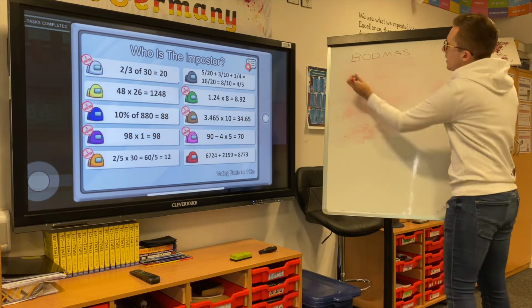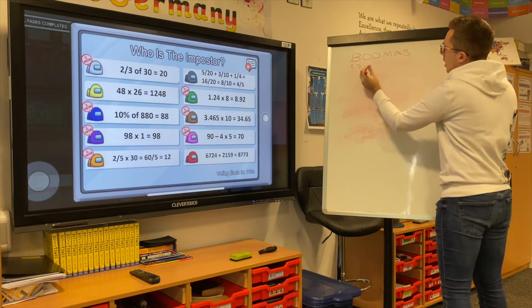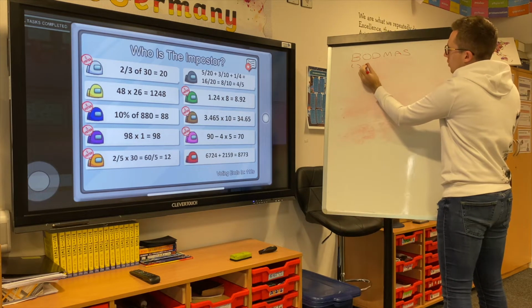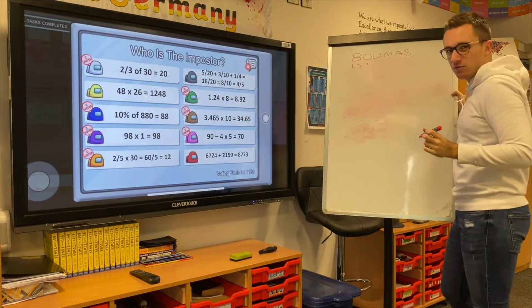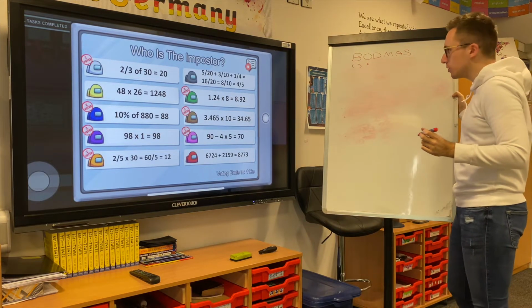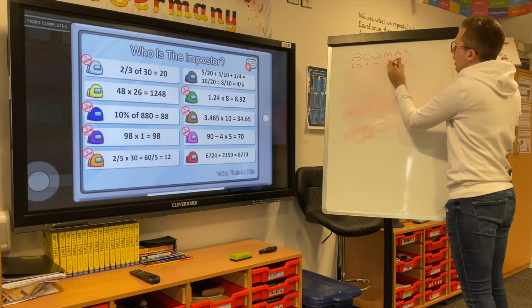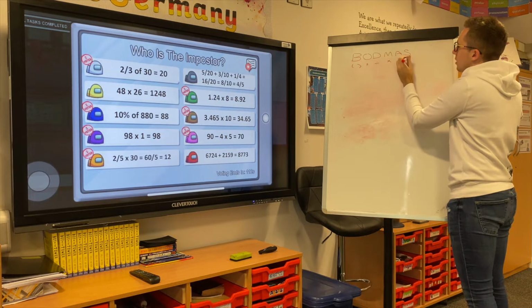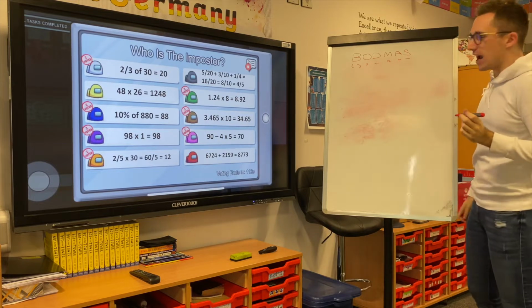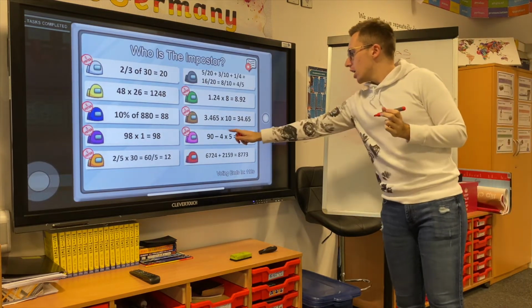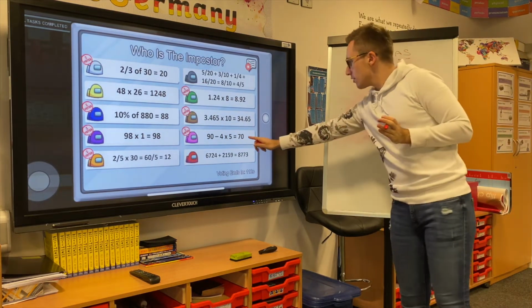So B stands for brackets. O stands for operations. That's normally squared if something's squared or cubed. D stands for divide. M stands for multiply. A stands for add. And S stands for subtract. So we have subtraction, we have multiply.